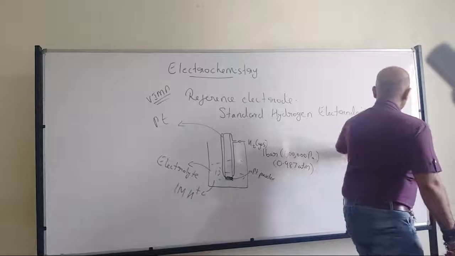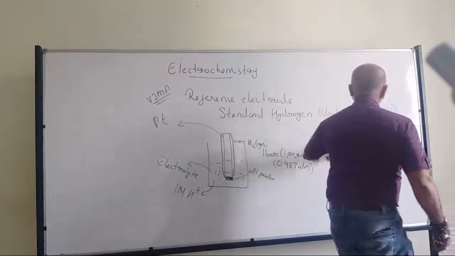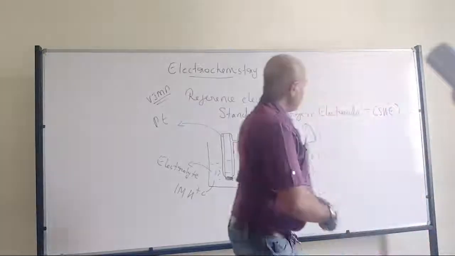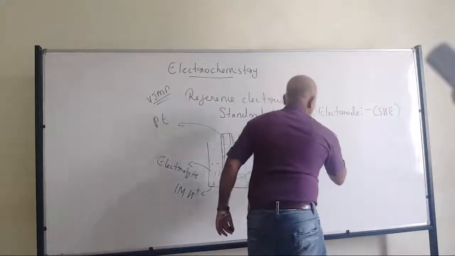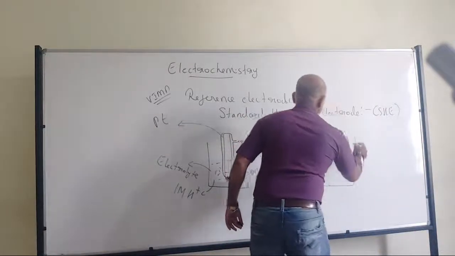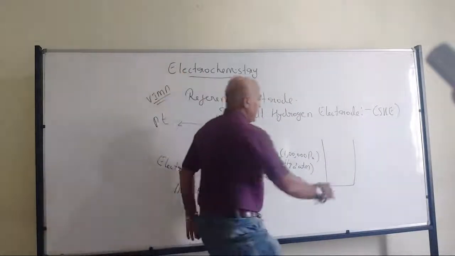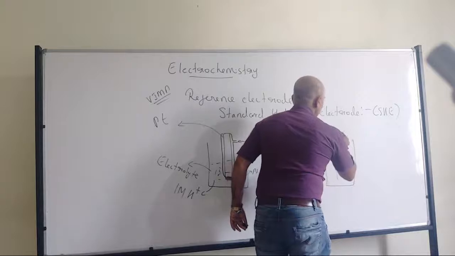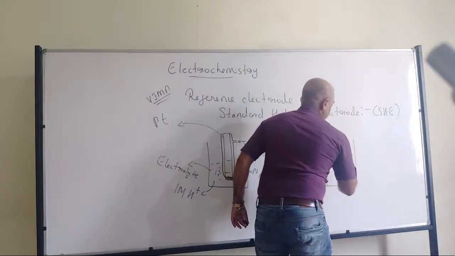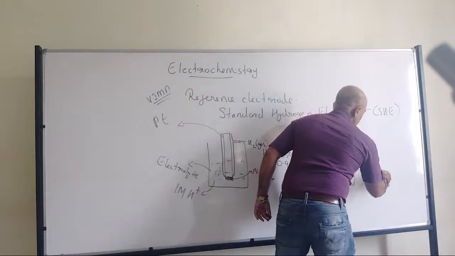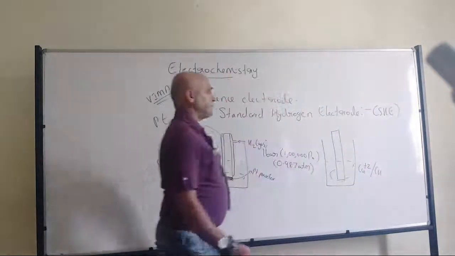What they will do is, they will connect this half cell. Now we have got one half cell. Now it will be connected to another half cell, where, for example, if I take copper, that means copper plus 2 and copper as the redox couple.